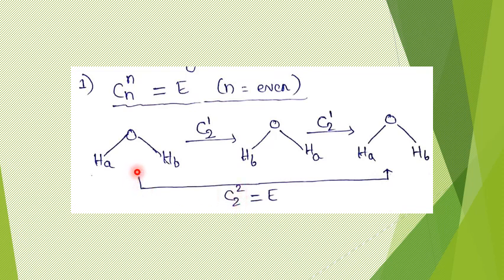And we can see this orientation and this orientation are not just equivalent, they are identical. Therefore C2 raised to 2 is equal to E. This is true when we perform n operations when n is even. The outcome will be the same even if we perform this operation 4 times, 6 times, 8 times, and so on. So we can say that Cn raised to n is equal to E when n is even.